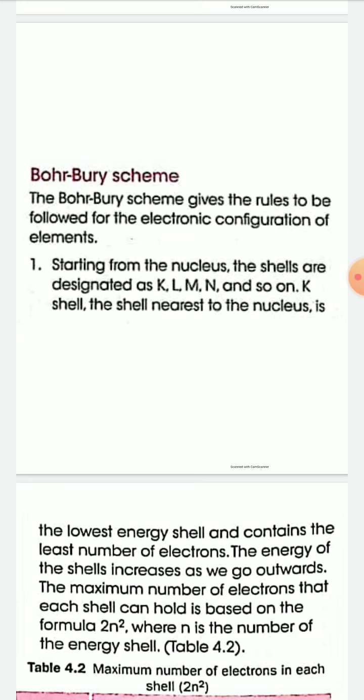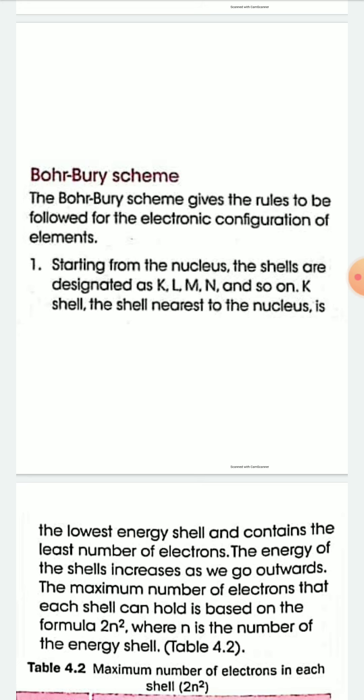The Bohr-Bury scheme gives the rules to be followed for the electronic configuration of elements. So this is an important scheme. By using these rules, you can write down the electronic configuration of elements.